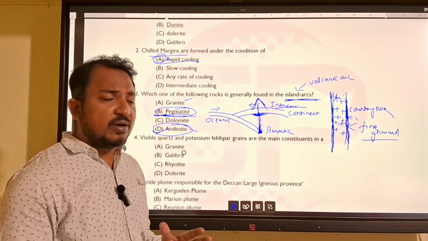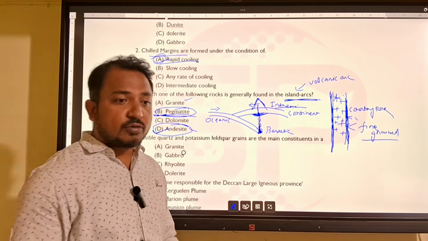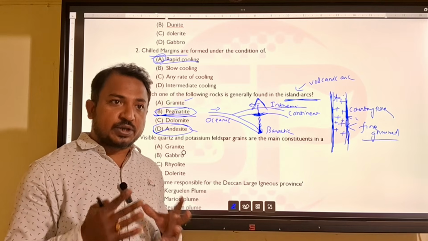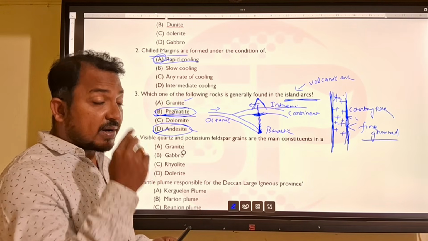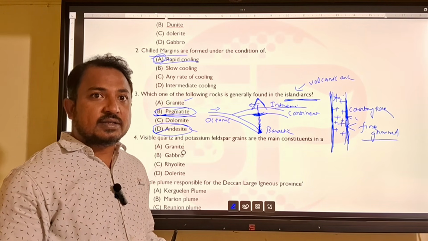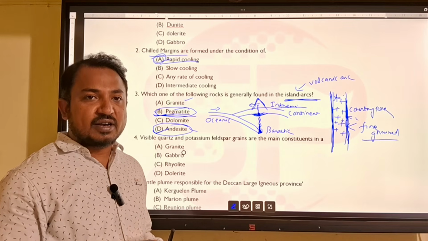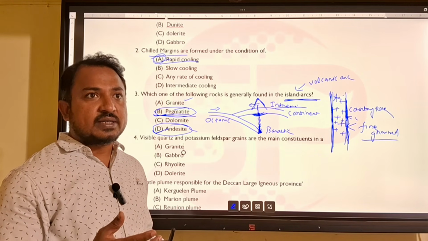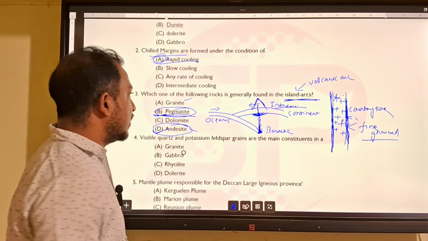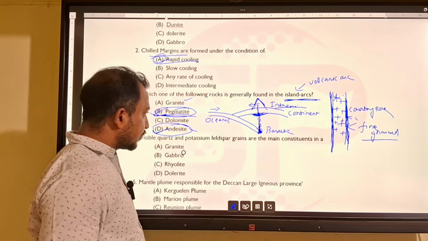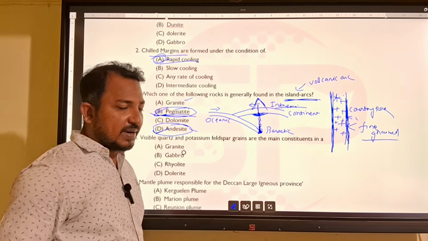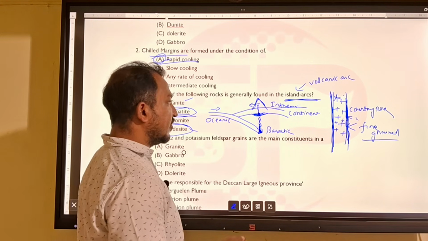All types of minerals are found in pegmatite, and pegmatite is also known for its coarse grain, because pegmatite is produced when magma is highly charged with volatile content, or you can say addition of water. In that condition, pegmatite is produced. Dolomite is a sedimentary rock, consisting of calcium and magnesium.